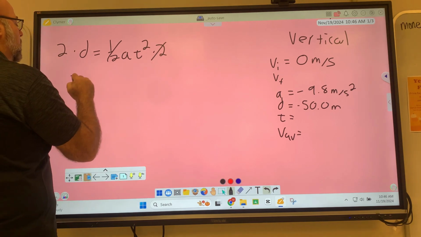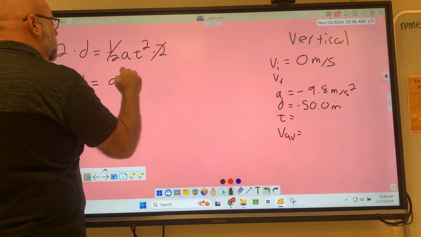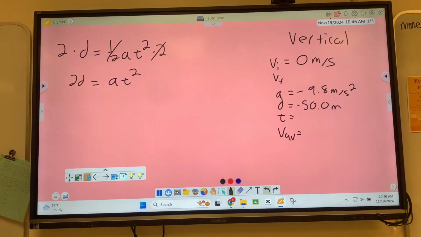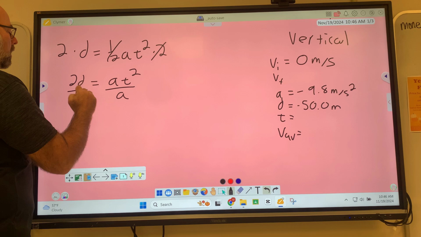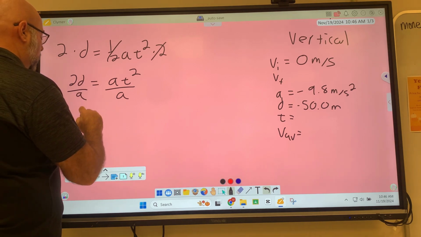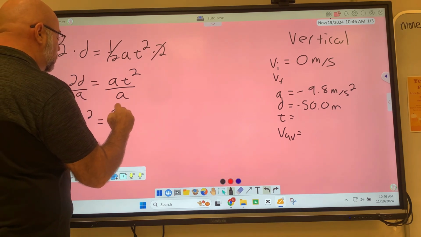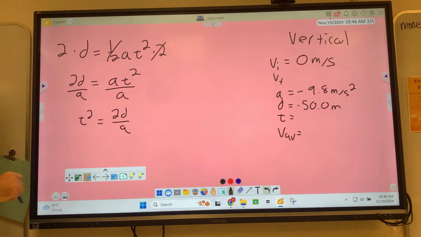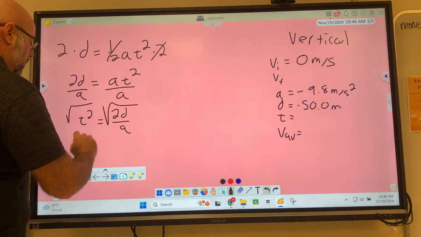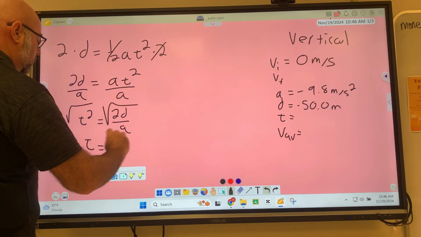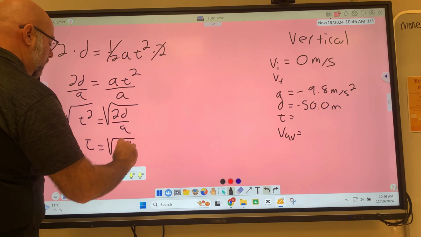I get 2d equals a t squared. Trying to get to time, so get rid of the acceleration. t squared equals 2d over a. And then to get rid of a square, take the square root. Time equals the square root of 2d over a.